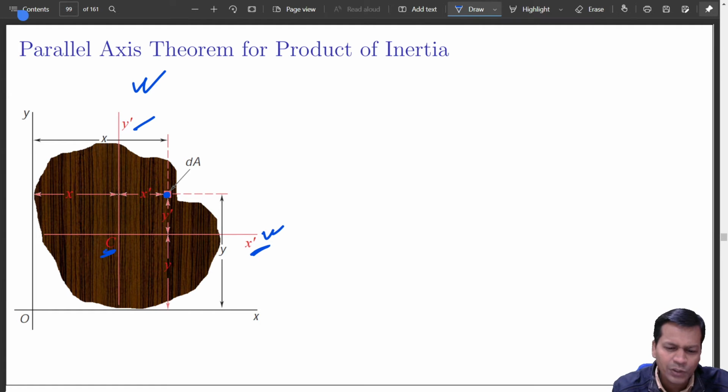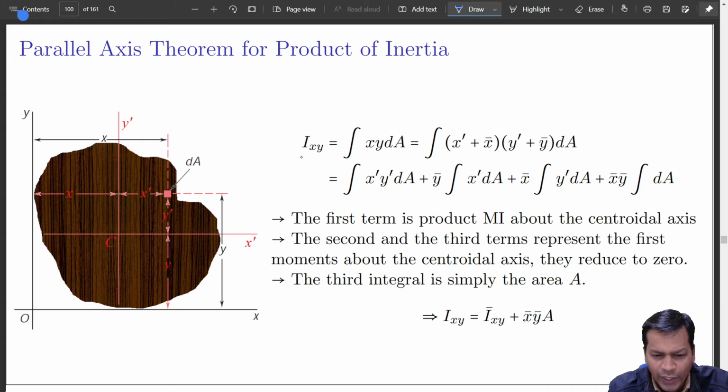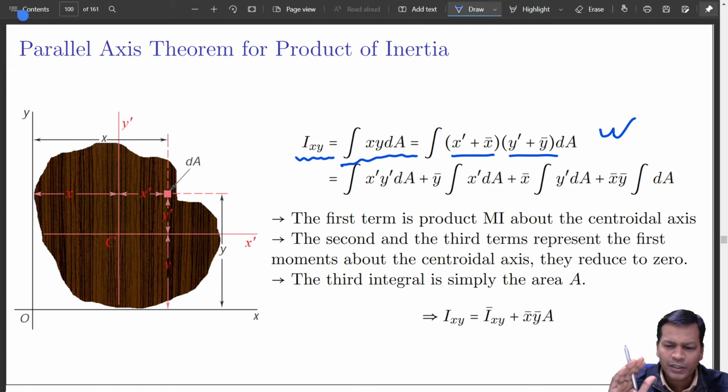Now I have to find out the moment of inertia about any inclined axis, when you have this as the axis. So Ixy will be equal to the integral of xy dA. How much is x? It is x plus x bar. Y will be equal to y plus y bar, dA. These are some small deductions which will help you to understand a few things.